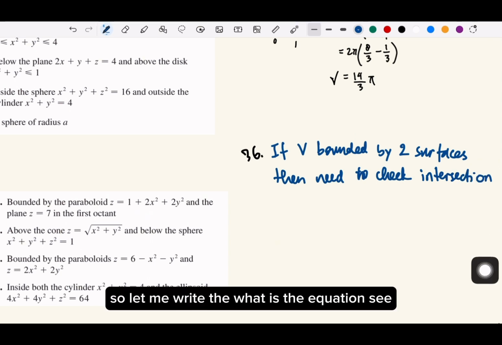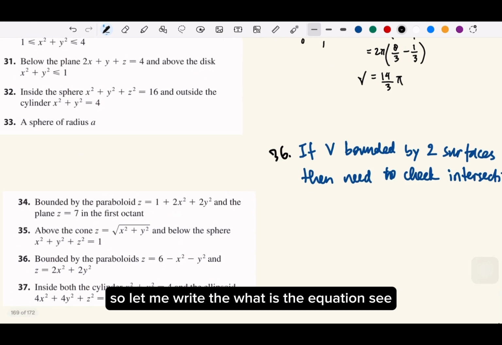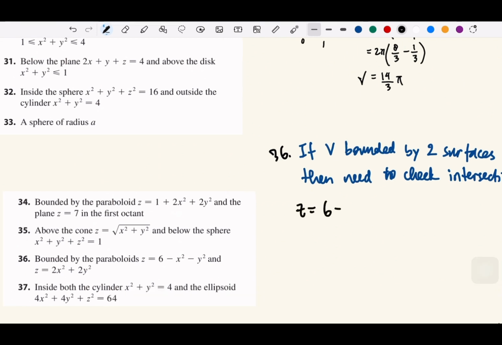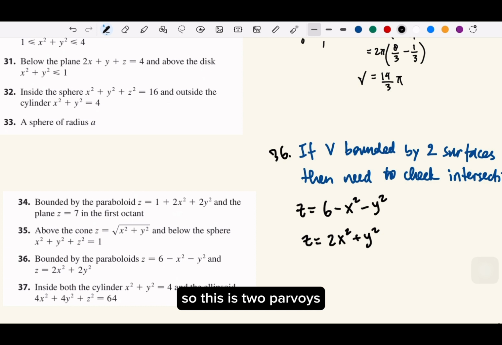So let me write what is the equation. And then Z is, so this is two paraboloids. So how to take the intersections?